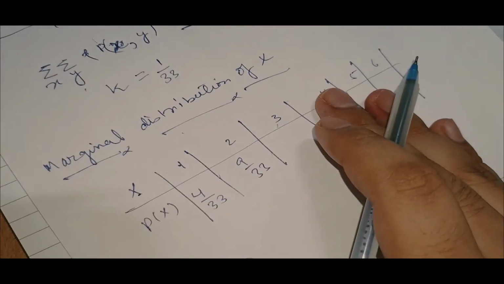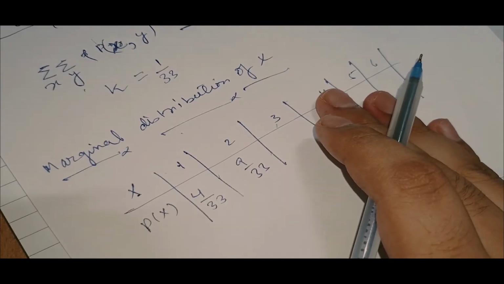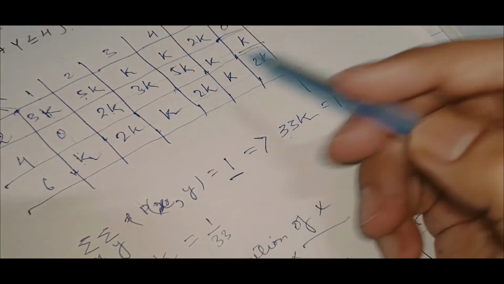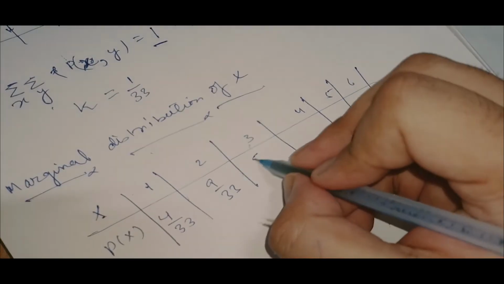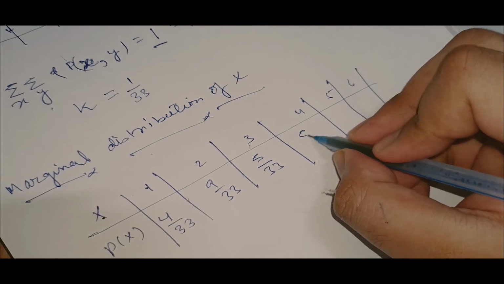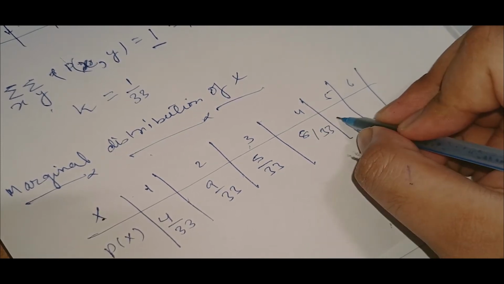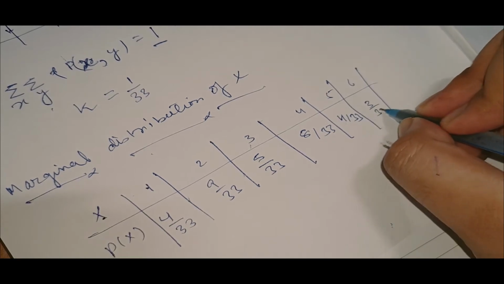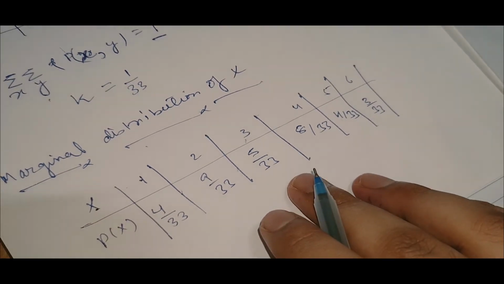Similarly for 3, it would be 3 plus 1, 4, and 1, 5k, that is 5 by 33. Similarly for 4, it would be 8 by 33, for 5, 4 by 33, and for 6, 3 by 33. This is the marginal distribution of x.